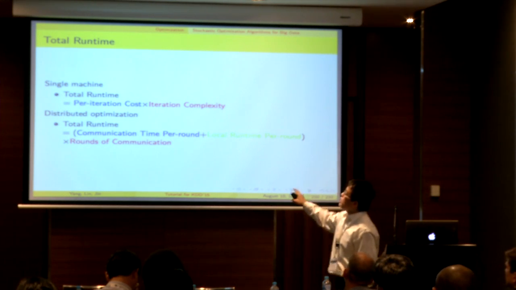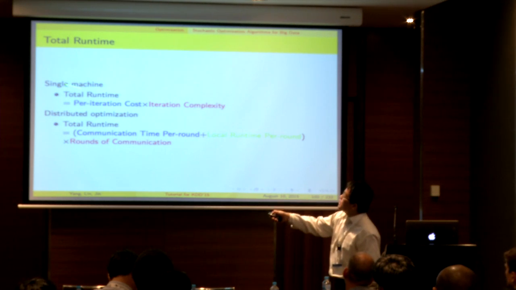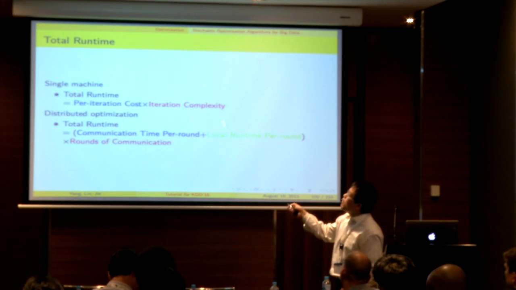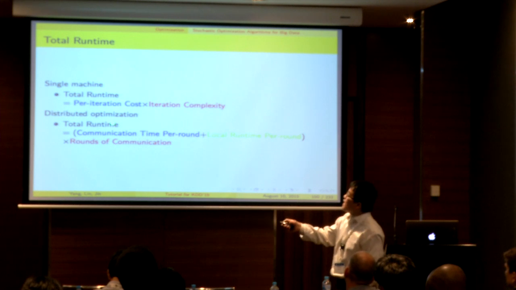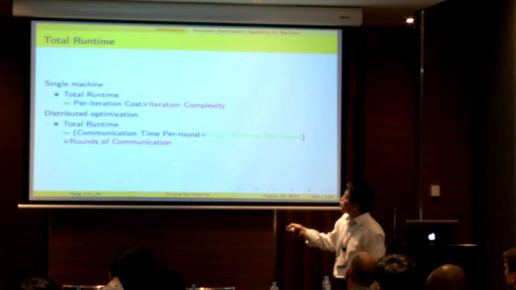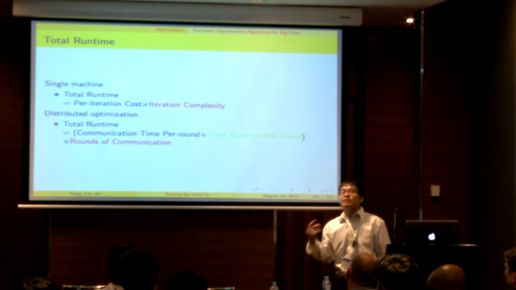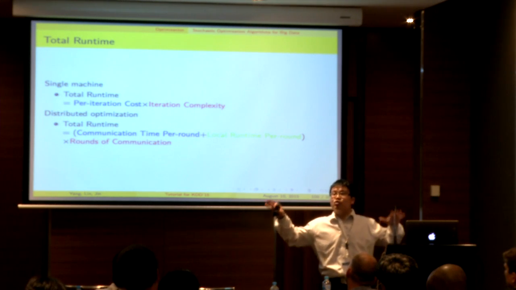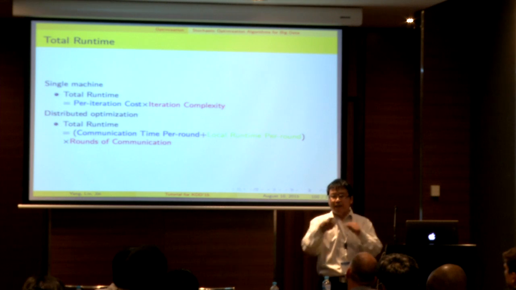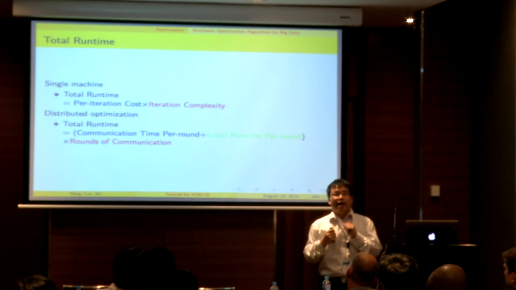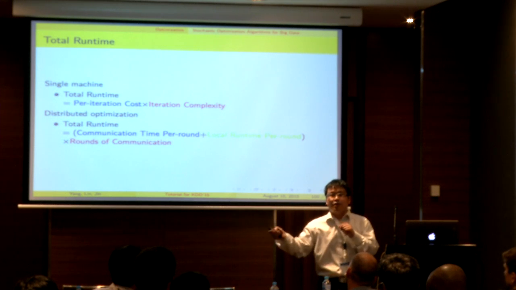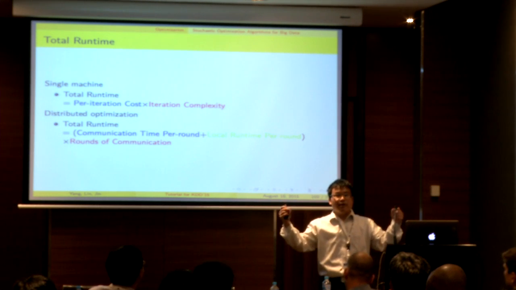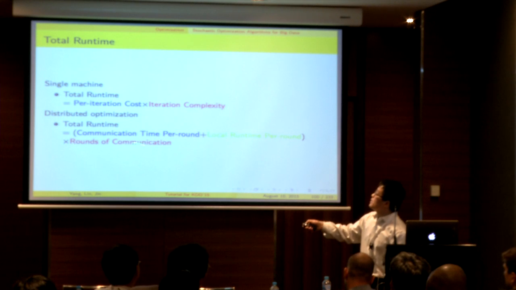When we compared the algorithms, remember I only showed you the table for runtime, which is mostly about iteration complexity. Now we want to introduce another concept called rounds of communication. Rounds of communication count how many times the machines have to stop working, talk to each other, and exchange messages. When they do, they first have to establish a connection, and second, send the information. That is really time consuming, so this is something we want to worry about.